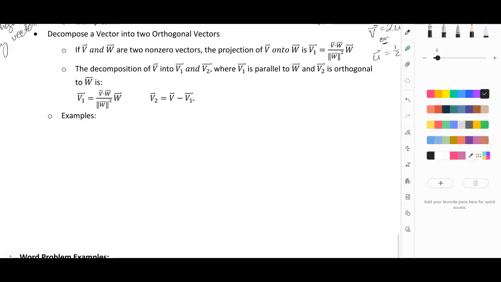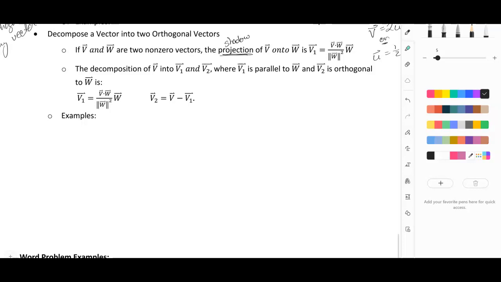When you hear the word projection, I want you to think about a shadow. If I have a flashlight over that vector, and I'm doing this at a 90-degree angle, it's going to project a shadow. That shadow is the projection that we're talking about, and that's going to produce v1.